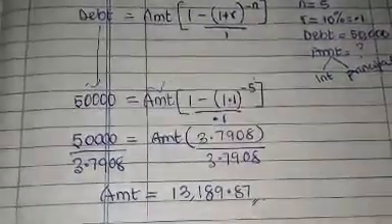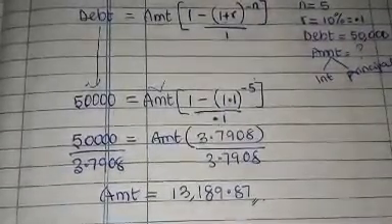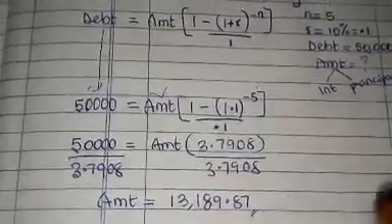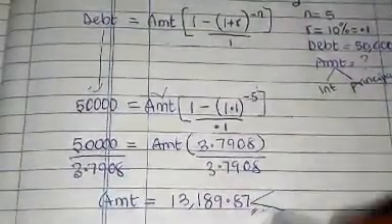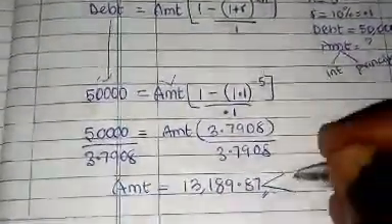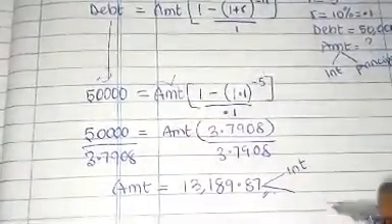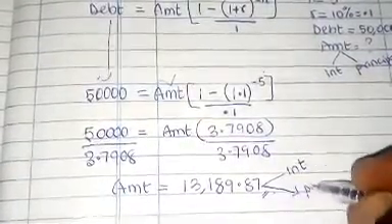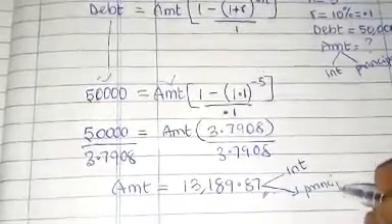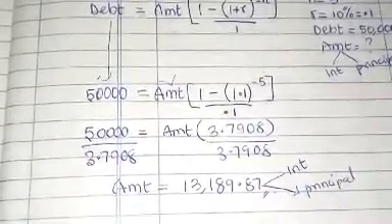You can use your calculator to confirm this. Now this is the constant amount. This constant amount will contain both the interest and partly the principal. Take note of that. So this is what Mr. George will be paying every year.